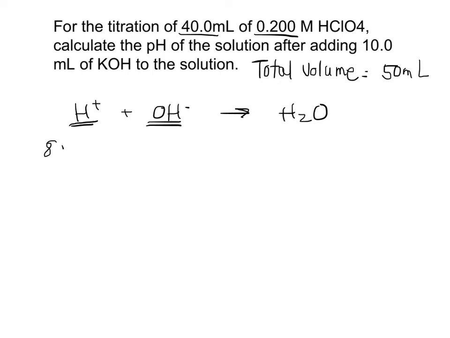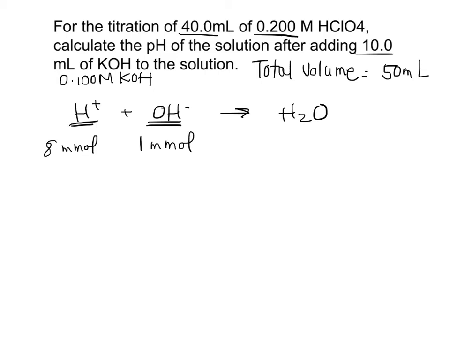8 millimoles. Now I'm going to do the same thing with my base. I have 10 milliliters of the KOH, and I didn't write it down on my problem, but the molarity of the KOH is 0.1 molar. So I can use that to calculate how many millimoles of KOH I have, and I have 1 millimole.